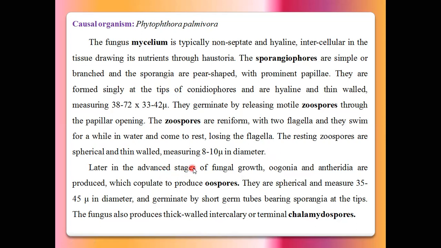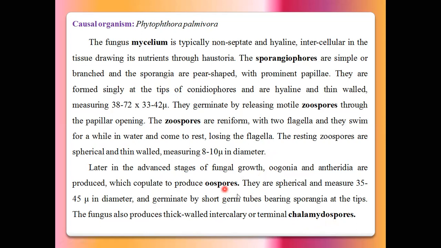In the absence of the host crop, the pathogen goes into dormant conditions and finally develops oospores. Before the formation of oospores, male and female gametes come together and finally develop the two-celled oospores, or sometimes chlamydospores are also developed.